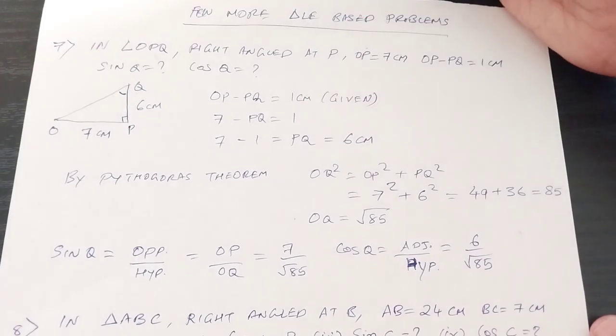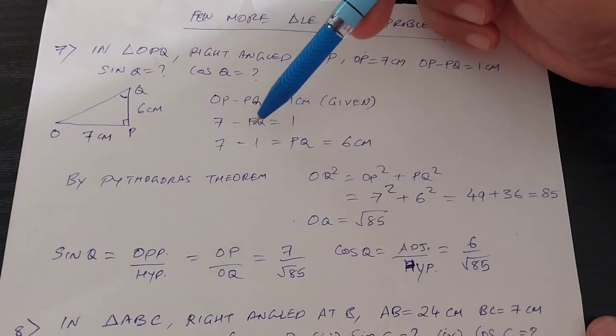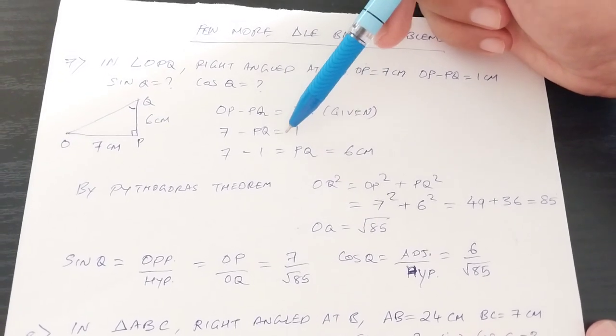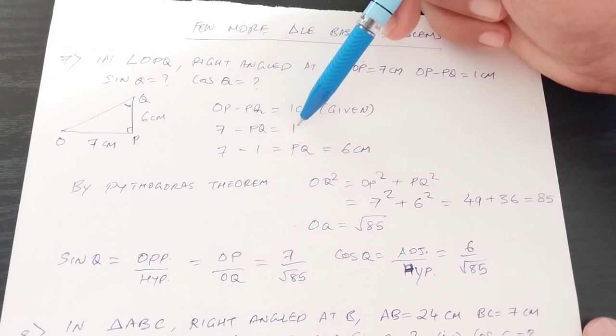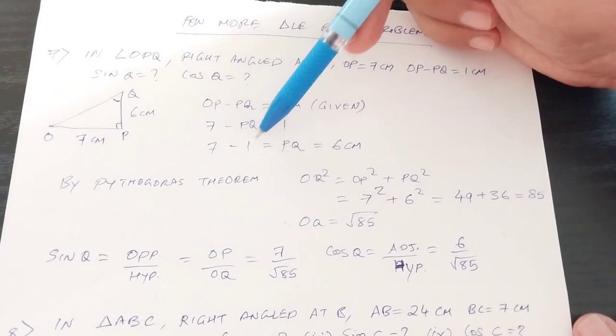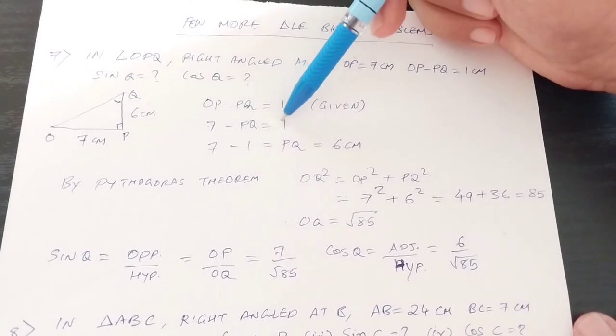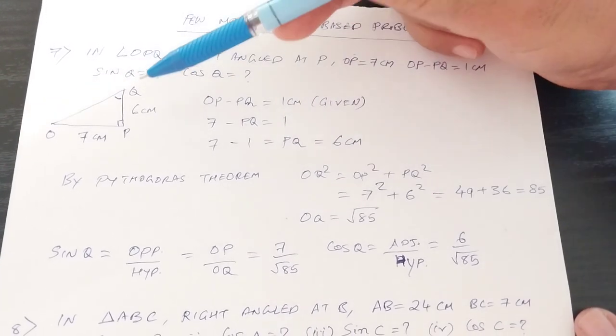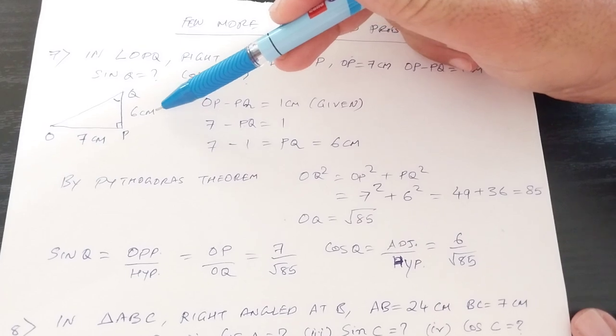If you take the minus PQ to the other side of the equal to sign, it will become plus PQ, and if you take 1 to the other side, it will become minus 1. So 7 minus 1 is equal to PQ, or PQ is 6 centimeter. So we have also written PQ is equal to 6 centimeter.